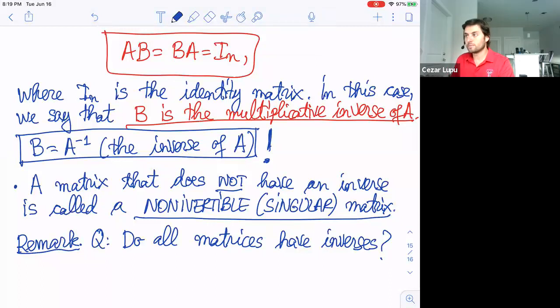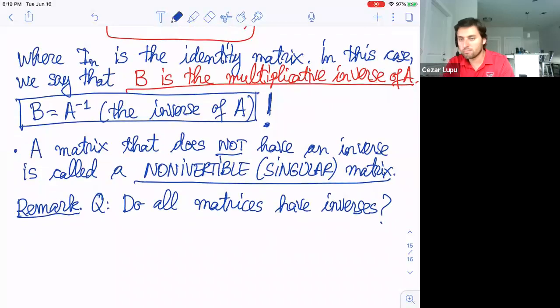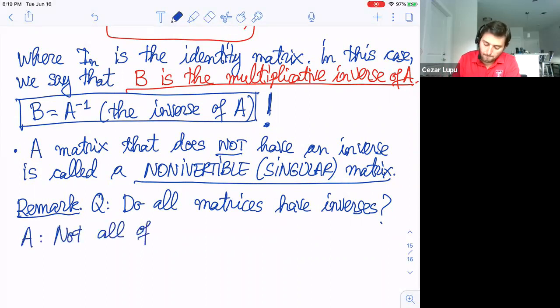So, the short answer is not all of them. Now, the question is, which ones have inverses?